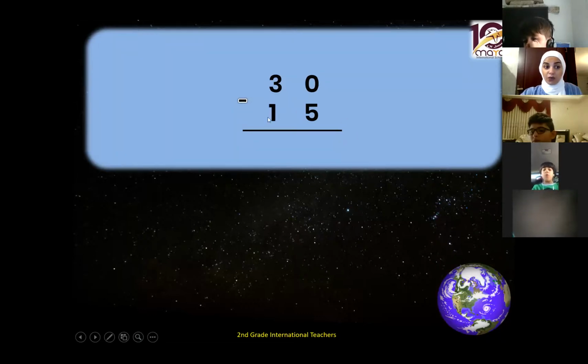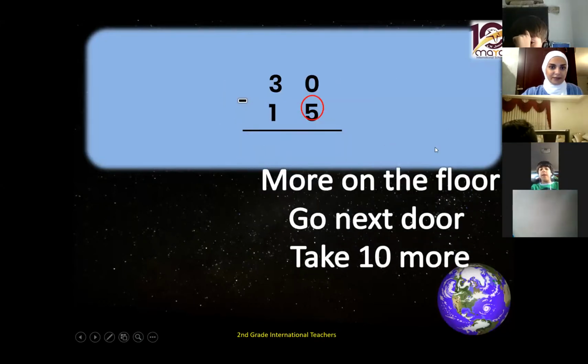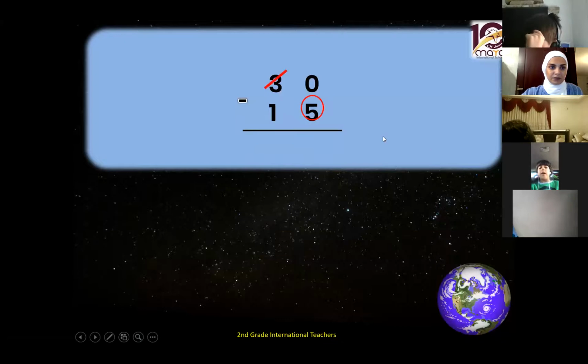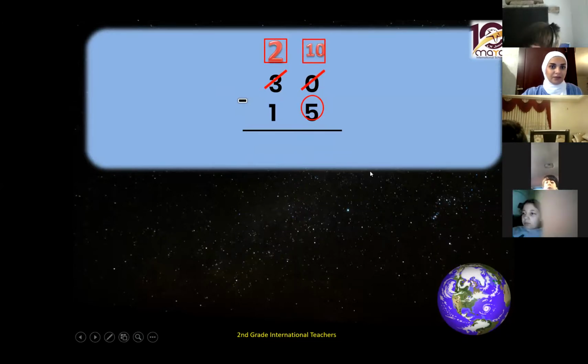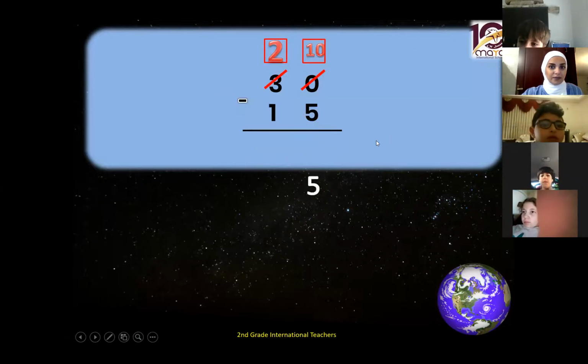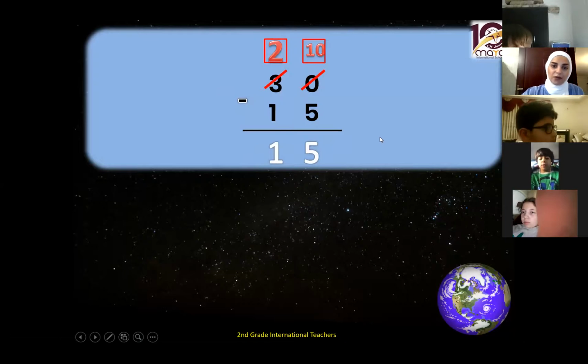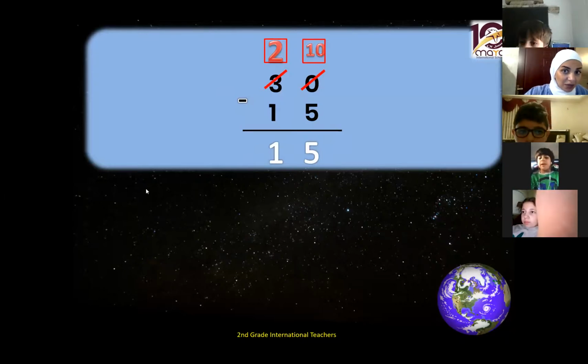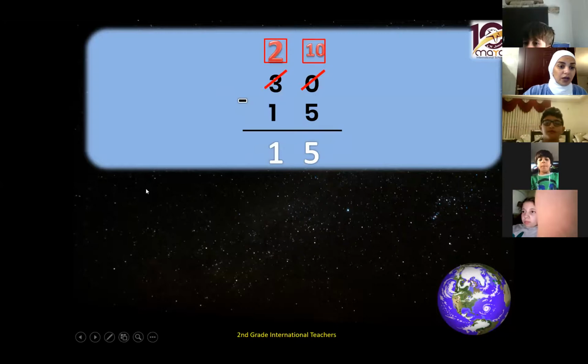The 0 will be 10. Super smart. And the 3 will be 2. Thank you. 10 minus 5 equals 5. Good. 2 minus 1 equals 1. Wow, thank you very much. Thank you, Tamim. We had to regroup here, right? Yes, we did.